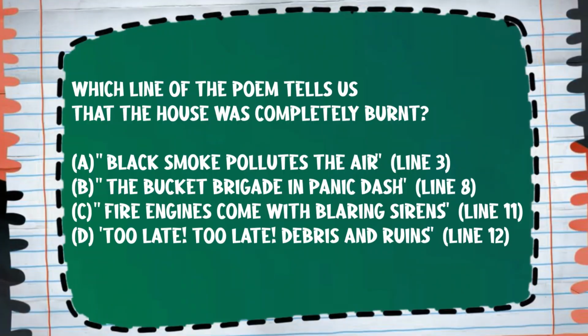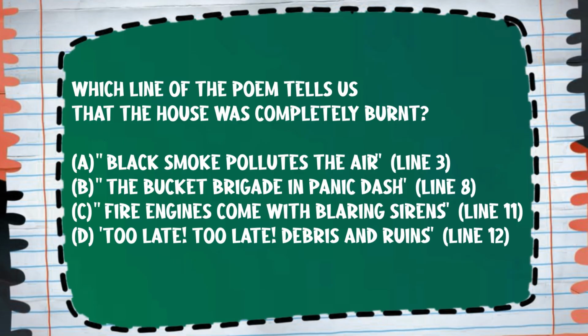Now, which line in the poem tells us that the house was completely burnt? Remember, we're looking for the line that will help us to know that the house was completely burnt. You have to use here your knowledge of word clues. Now, if a house or a building is completely burned, what will be left?